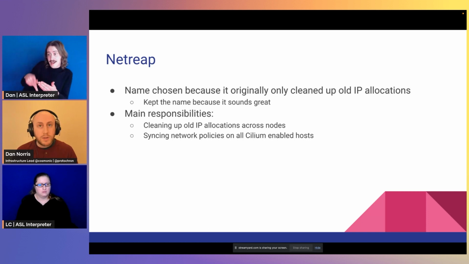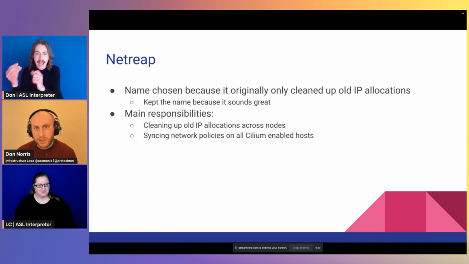And then we realized we needed to also sync policies as well. But we kept the name because it's honestly a pretty good name. You can think of a nice logo and everything for it. But again, its main responsibilities and what it's doing for us is cleaning up all the old IP allocations whenever a node comes up or down. And then also syncing all the network policies across all of our Nomad hosts where we have Cilium installed.